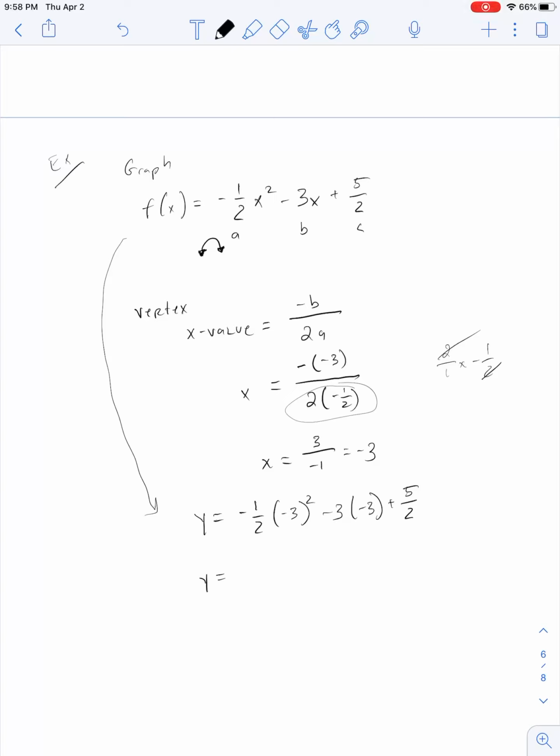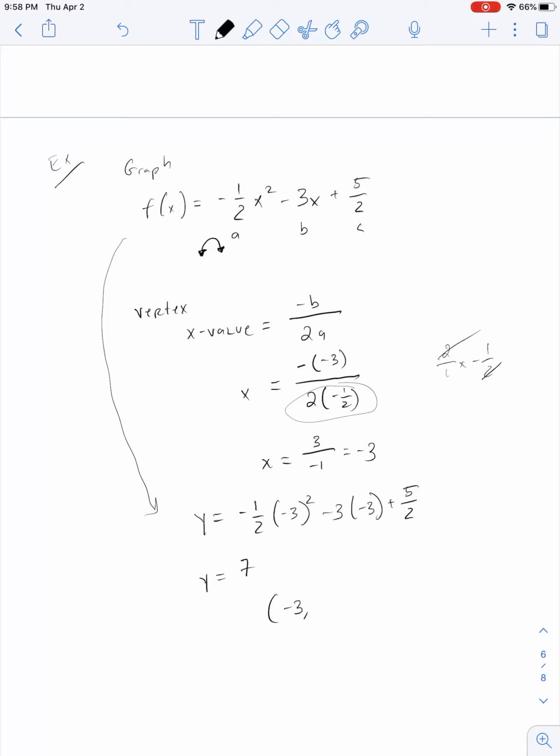So open parentheses, negative 1 over 2, close parentheses, and another open parentheses, negative 3, close parentheses to the power of 2, minus 3, open parentheses, negative 3, close parentheses, plus 5 over 2, also shown as a fraction with parentheses around it, and you should get your y to equal 7.